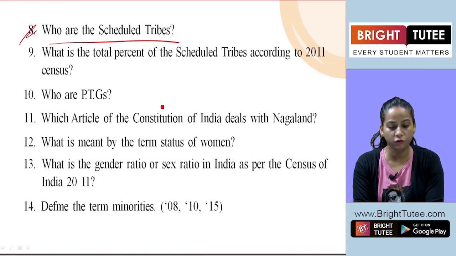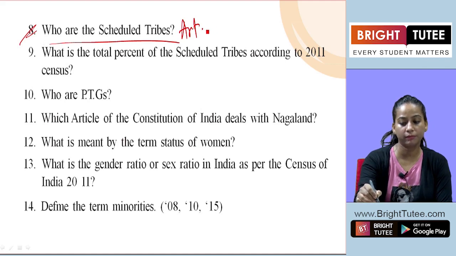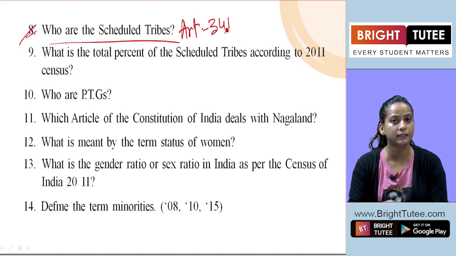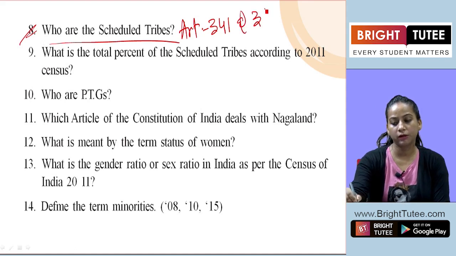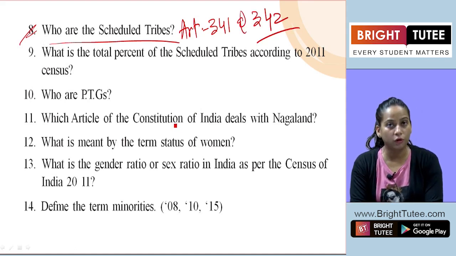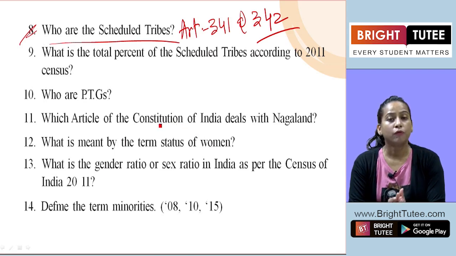Here we have to mention scheduled tribes are those tribes which are scheduled, listed or specified by presidential order issued under the provision of article 341 and 342 of the Constitution of India, for the sake of special protection, just to protect them from any kind of exploitation.